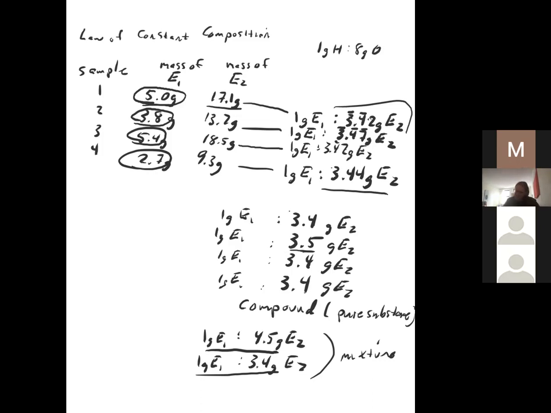The last step in this particular problem is the following question. If you do believe it is a compound, if it is a pure substance, and they tell you that the entire compound, a new sample, is 10 grams.